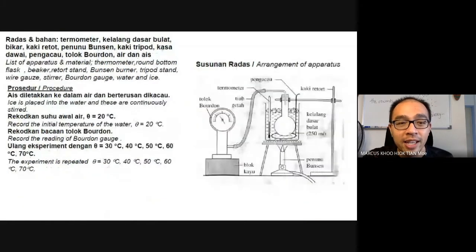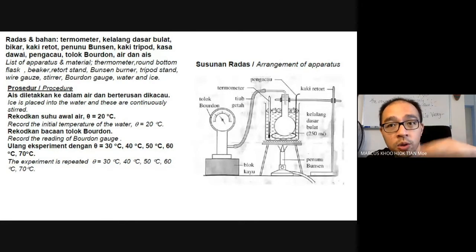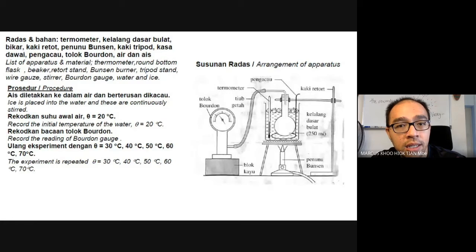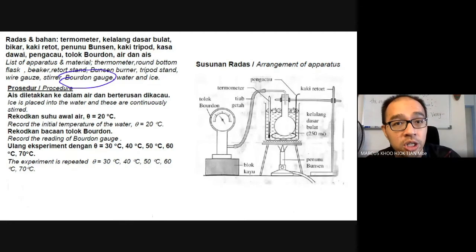Fine. So this is how the experiment looks. You put the ice into the water so that it goes to a very low temperature. Then you have this gas over here that is closed, and it is connected to this thing called a Bourdon gauge. The Bourdon gauge is like the machine you see in a petrol station that measures gas pressure.